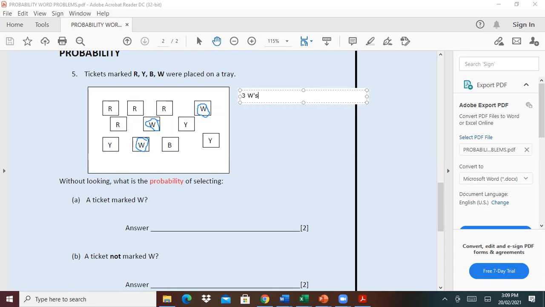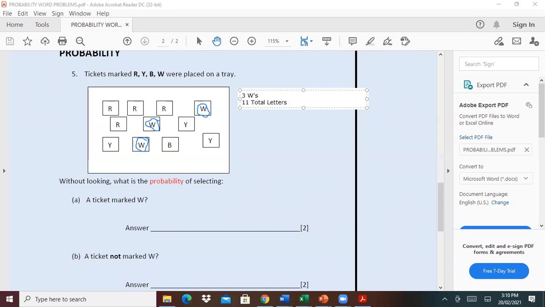Okay, so 3 W's. And then how many total letters do we have in this tray? We have, if we count the boxes, 1, 2, 3, 4, 5, 6, 7, 8, 9, 10, 11. So 11 total letters.